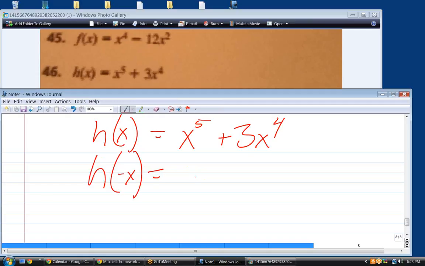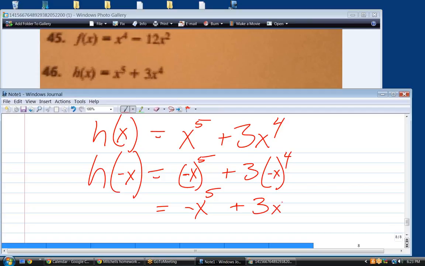So help me with the rest of this. So it would be negative x to the fifth, plus 3 times negative x to the fourth. Simplify. And simplified would be negative x to the fifth plus 3x to the fourth.